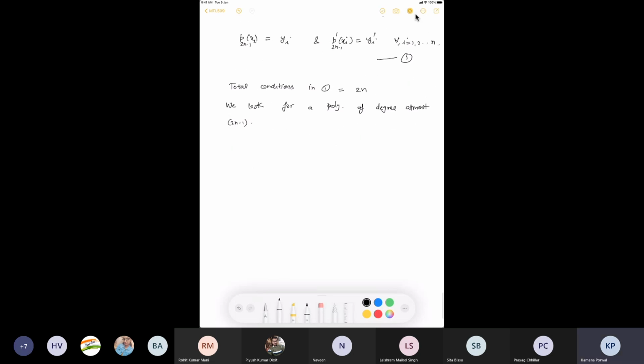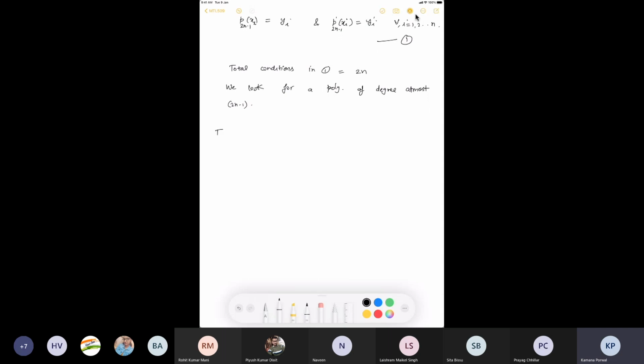So as we have done in the case of the Lagrange interpolating polynomial, when the data is given to be just the functional values, we first establish the existence and uniqueness and then try to find the explicit form of such polynomials. So let me state this as a theorem.